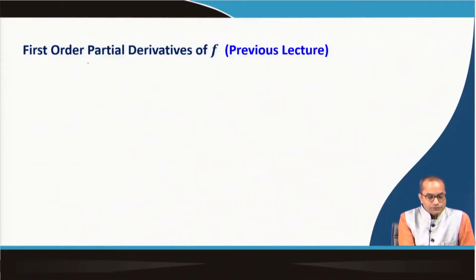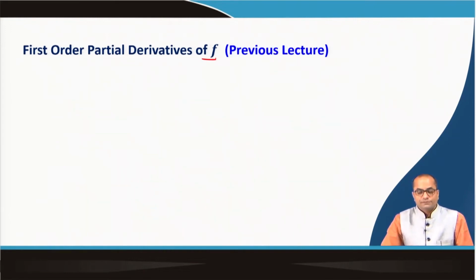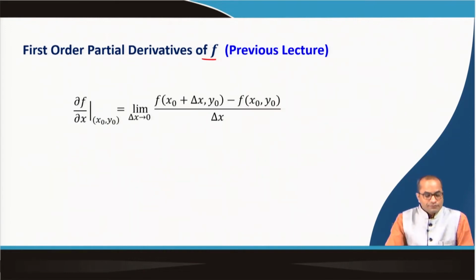Well, the first order partial derivatives of f, which were discussed in the previous lecture, mean treating all other variables as constant and differentiating the function with respect to the variable of interest.